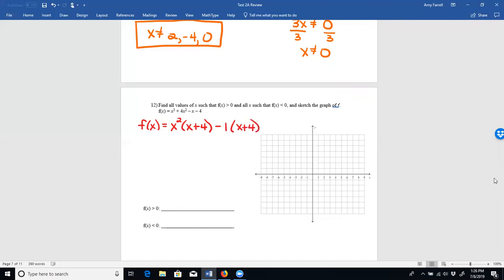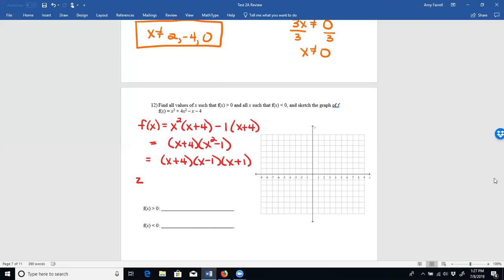These 2 binomials must match in order for factoring by grouping to work, and they do. So my factors are x plus 4 and x squared minus 1. And then x squared minus 1 can factor further into x minus 1, x plus 1. It's a difference of squares.